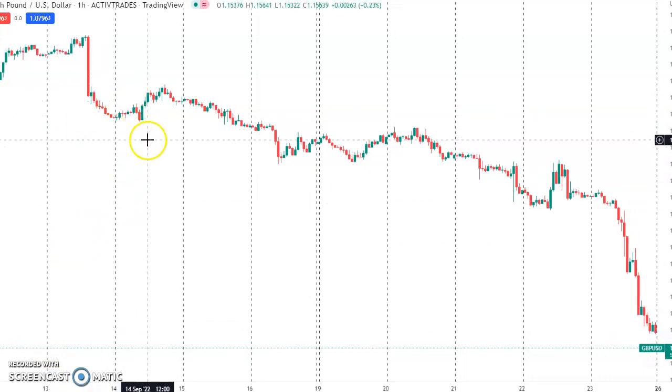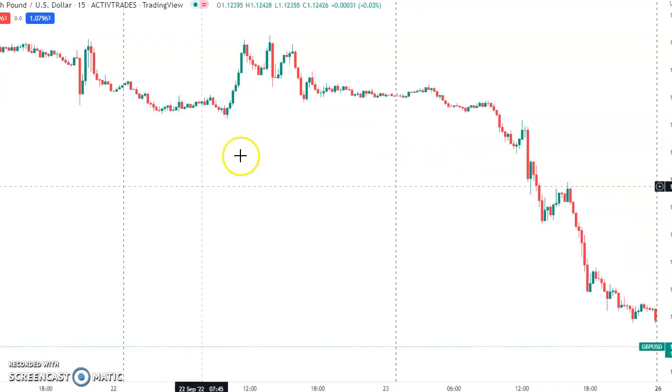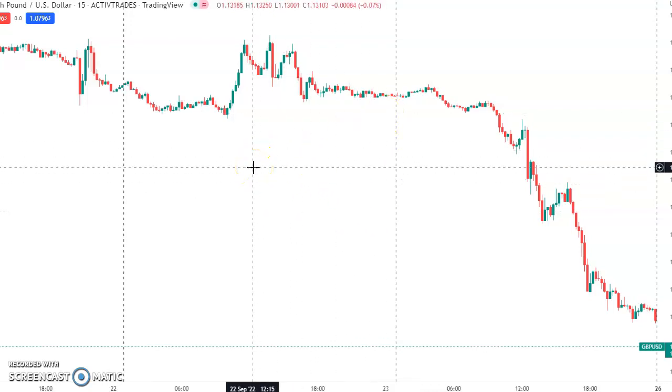So what we're going to do, first of all, we are going to drop into a much lower time frame, so we can look at the minute 15.